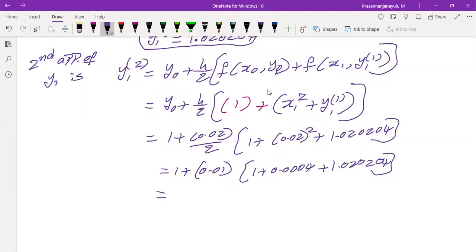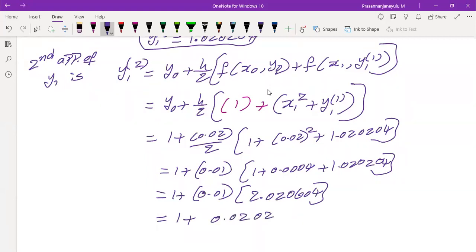Actually you can use a calculator, but I don't have one now, so I am doing it manually. That is 2.020604. Am I correct? Multiplying this with 0.01, it becomes 1 plus 0.02020604. So the second approximation of y1 is 1.02020604.